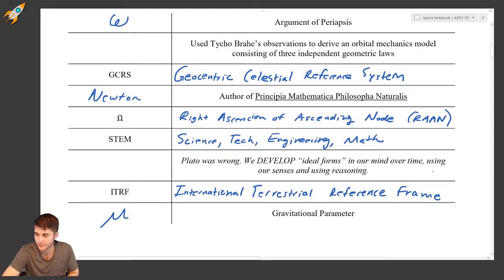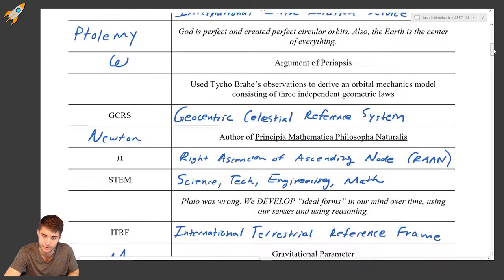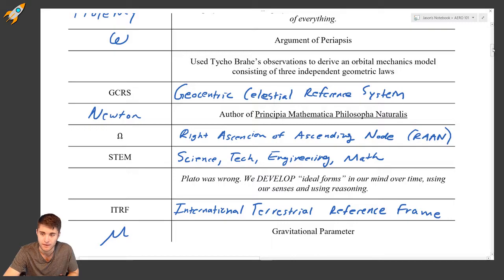We've got a few more to fill out, though. It looks like we have two philosophers, or mathematicians, that we haven't filled out yet. We've got one who used Tycho Brahe's observations to derive an orbital mechanics model consisting of 3 different laws. And then we have another one down here who looked at Plato's work and said that Plato was wrong, and that we develop these ideal forms over time instead, using our senses.